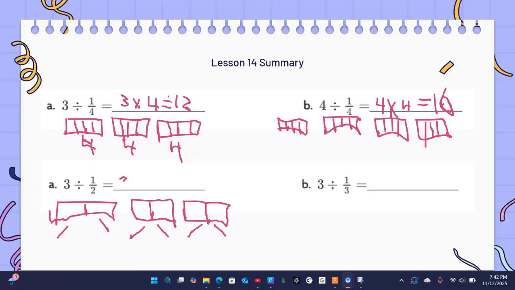You can also say that you have three groups of 2. And we know that the word of means multiplication. So 3 groups of 2 equals 6. And each of these has 1/2.